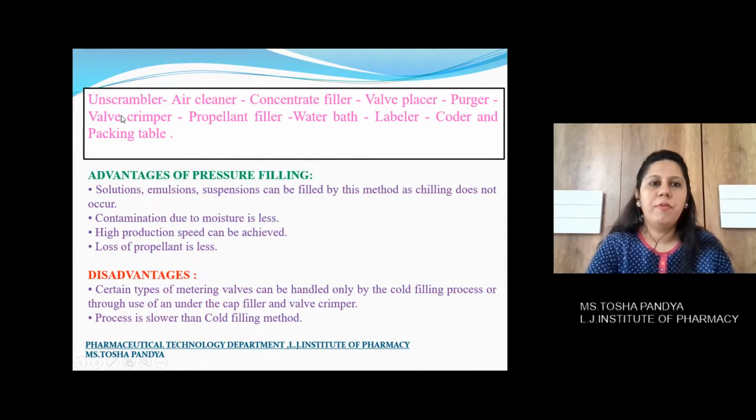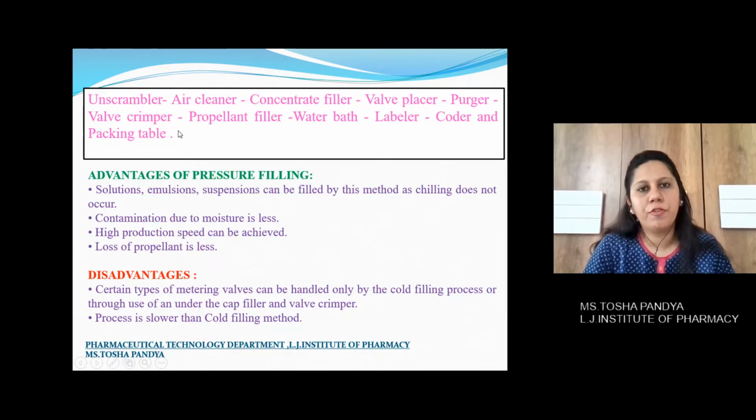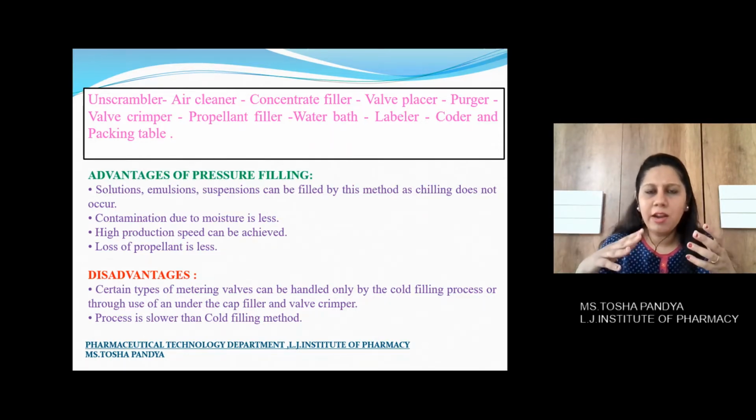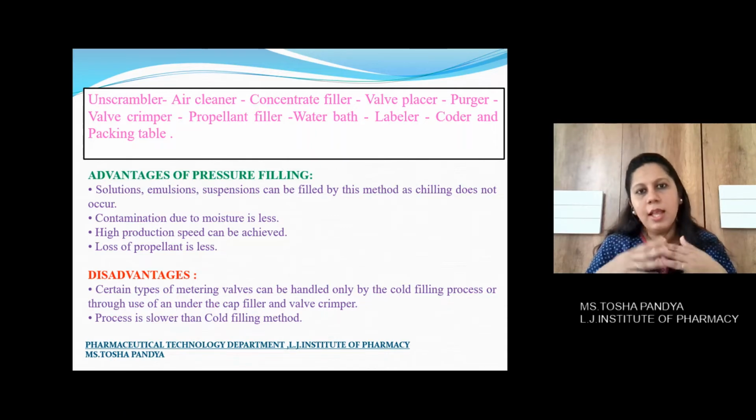This is the general flow of the components during the manufacturing of aerosols by the pressure filling process. First of all, you have the unscrambler, which will unscramble all the components: the containers, valves and actuators. Then you have the air cleaner, which by forcing air will clean all the components. Then you have the concentrate filler, which will fill the product concentrate into the empty container.